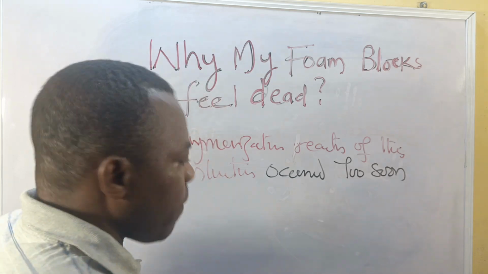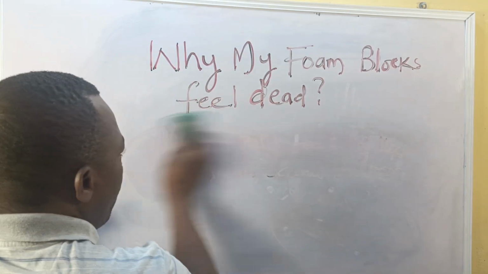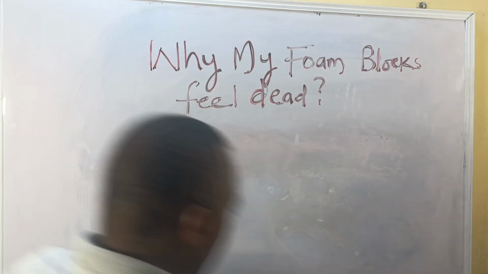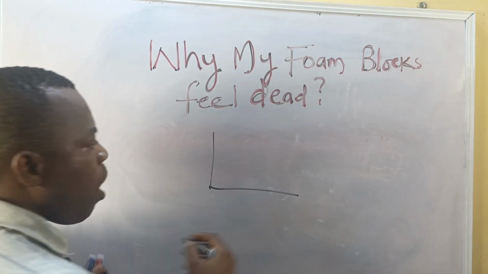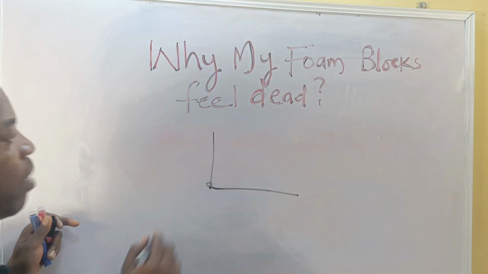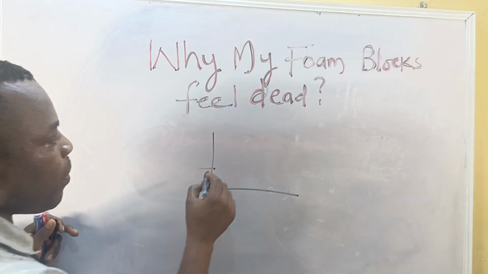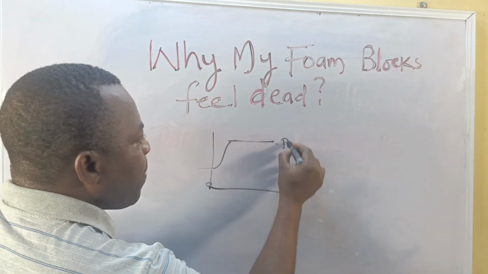Let me tell you one thing. Look at this, please. If you probe a foam under exothermic reaction, the temperature will go up from a normal level, starting from a certain temperature. This is the peak temperature.